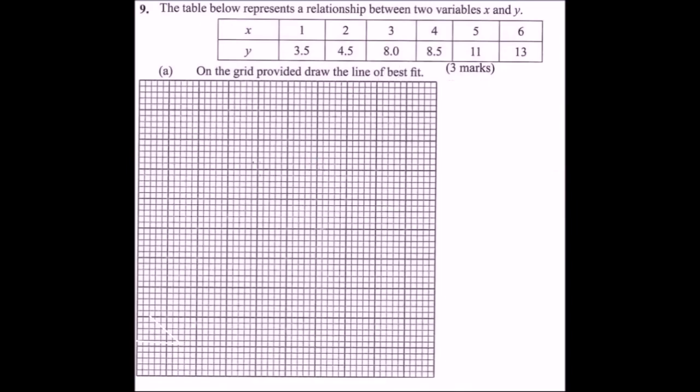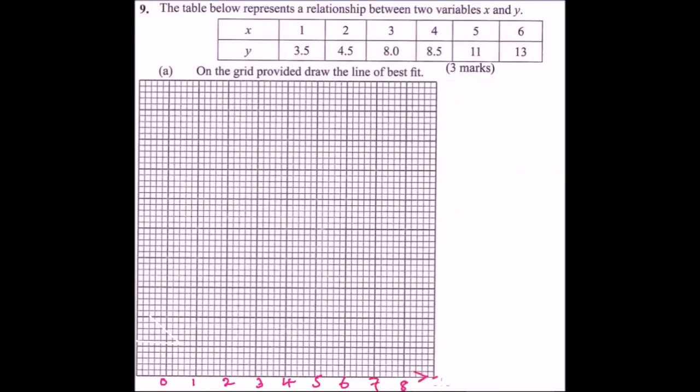So let's first of all plot the values that we have. We start by labeling our axes. This is where we have 0. On the x-axis we have 1, 2, 3, 4, 5, 6, 7, and 8.